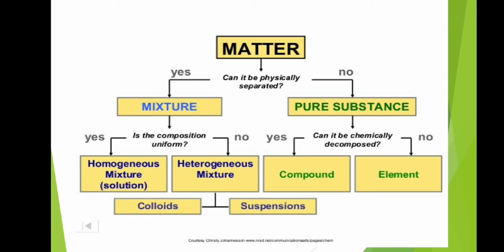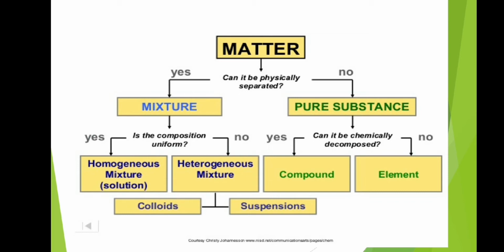So as you can see in this illustration, it shows that matter can be physically separated by means of two divisions. We have mixtures and pure substances. Matter can be physically separated by means of mixtures. How? By means of its composition or uniformity.